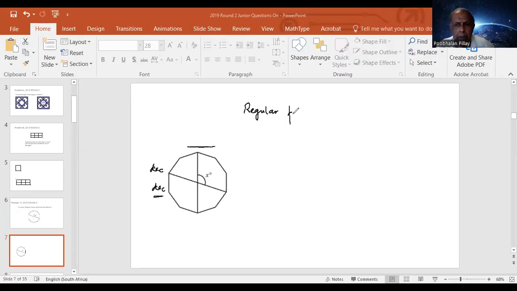You have regular polygons. Need not be a 10-sided figure, but in general, a polygon could be 4-sided, 5-sided, or any number of sides. A regular polygon is one which has got equal sides. All the sides are equal, and all angles are equal angles.